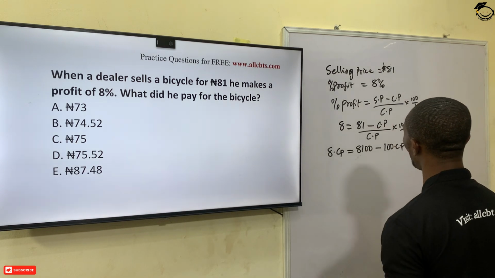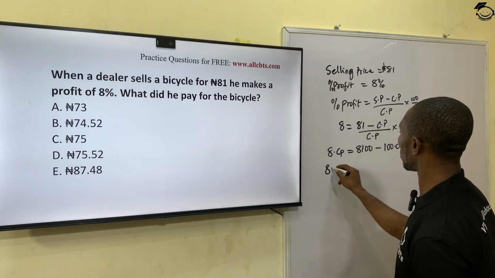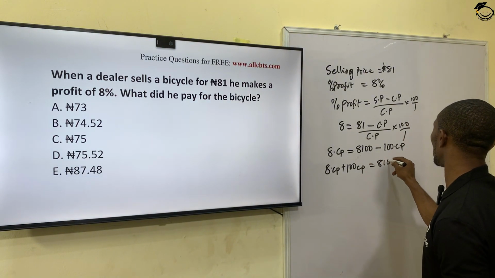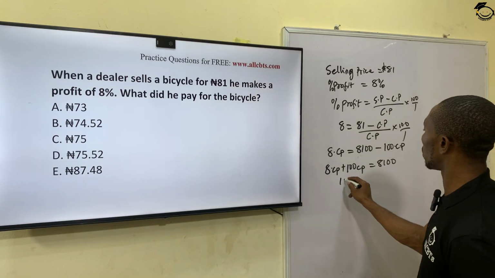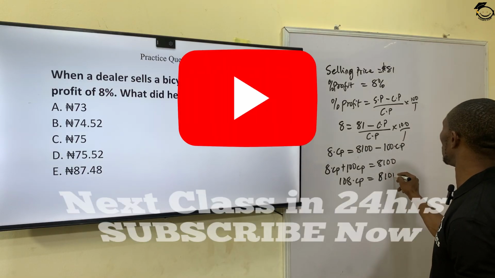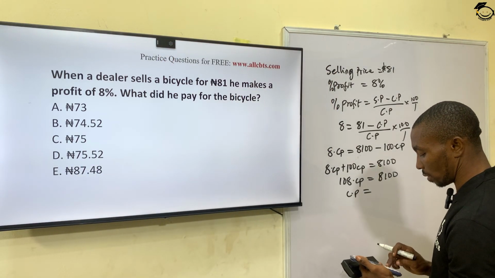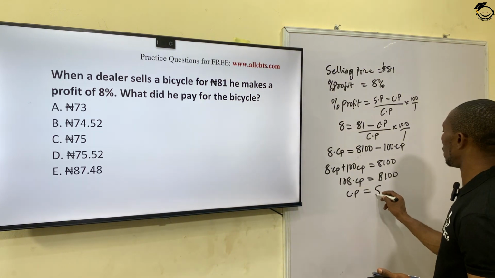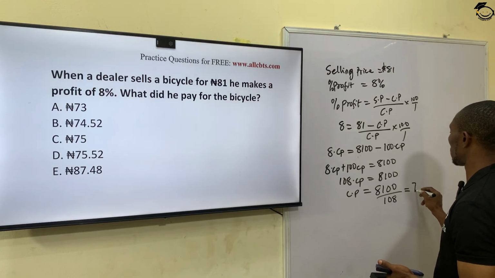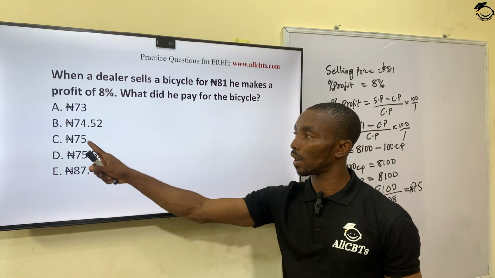Collecting our cost price together, this becomes 8 cost price plus 100 cost price equals 8100. So this will give us 108 times cost price equals 8100. So our cost price would be 8100 divided by 108, which gives us 75 naira. So the cost of the bicycle would be 75 naira.